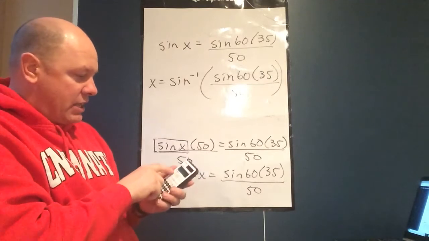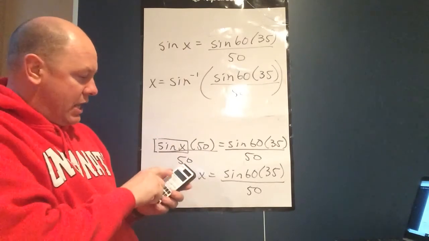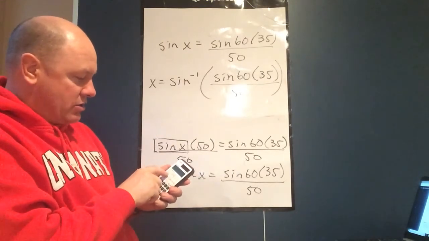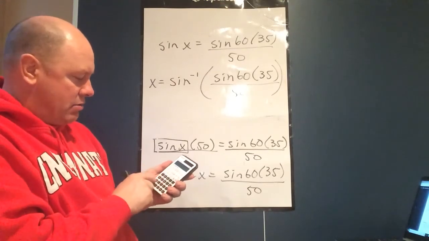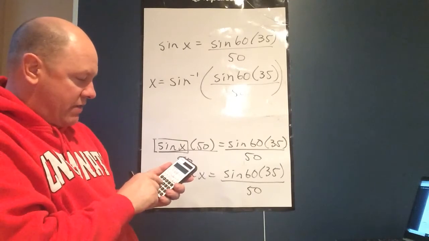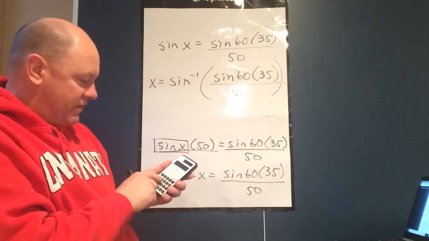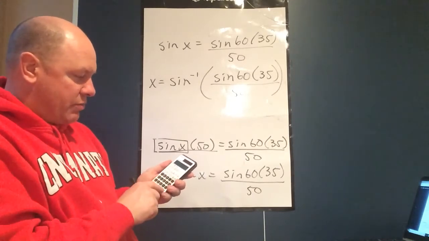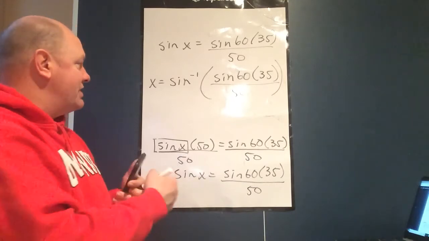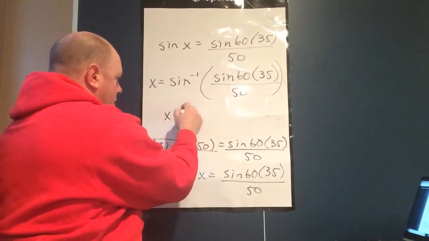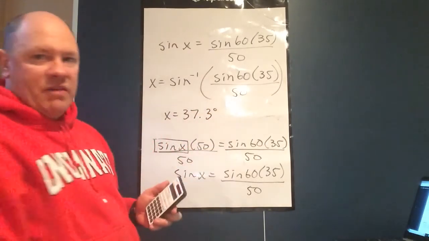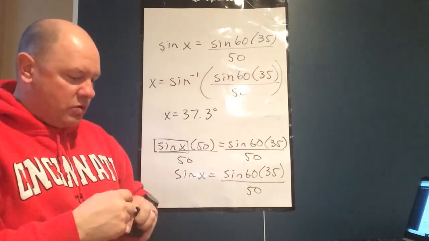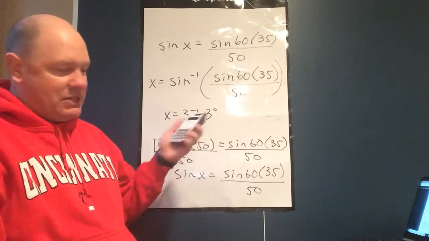What we can do is make sure it's in degree mode, and I can type in second function sine, bracket sine 60 times 35 divided by 50. We end up with the bracket, and I get my angle of 37.3 degrees as my value. And like we said before, we knew it was going to be less than 60 because that's what the side length was.